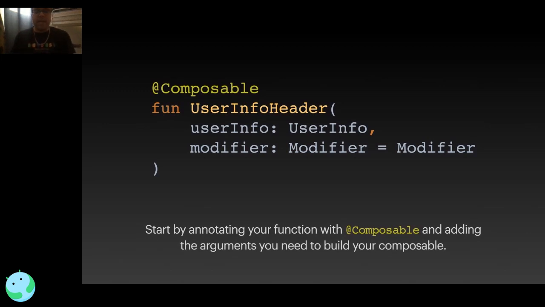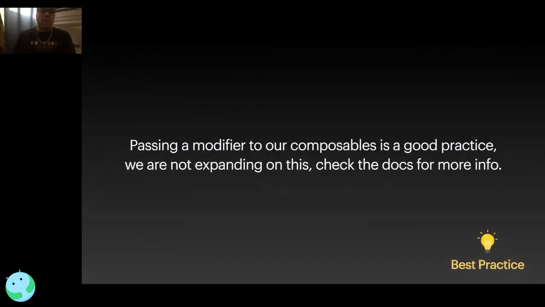So we start by annotating our function with the composable annotation, and adding the arguments we need to build the UI that we desire. So passing a modifier, as you saw, is the best practice. We're not expanding on this, you can check the docs, but a little brief information. This makes the composable more scalable.